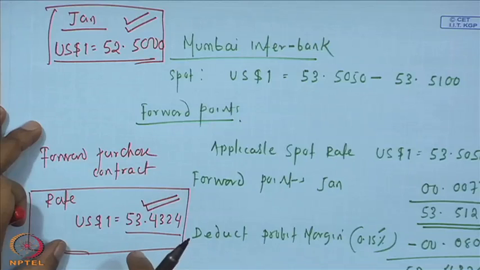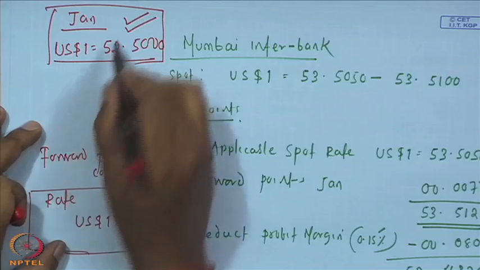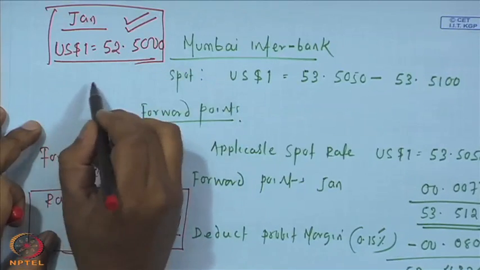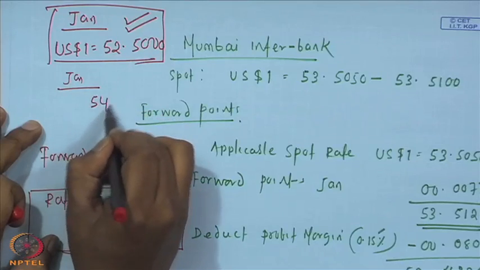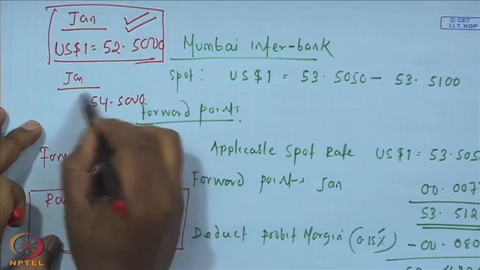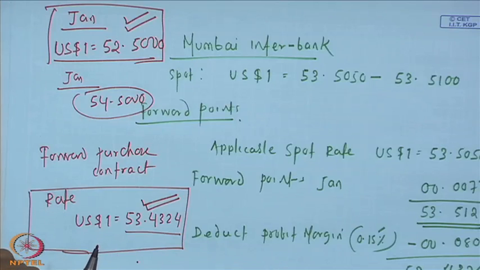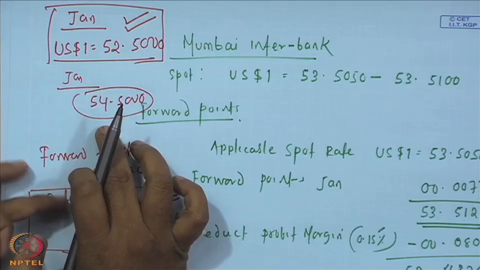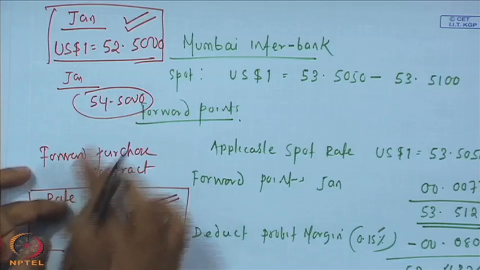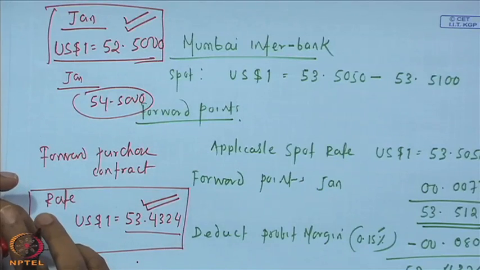Suppose the rupee depreciated in between, suppose in the month of January the rupee depreciates to 54.500. What will happen? Now, the actual market in the month of January, dollar is available at 54.00 selling rate.